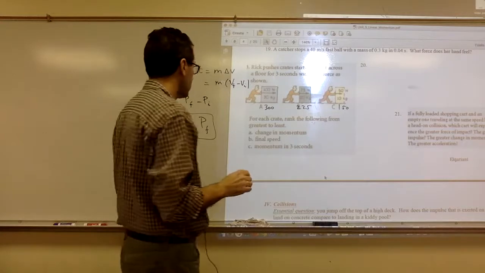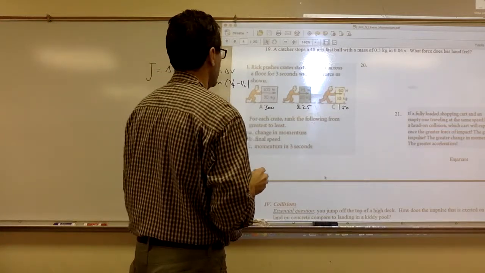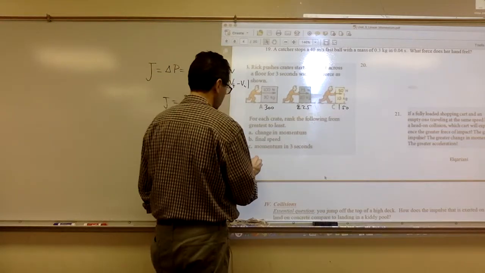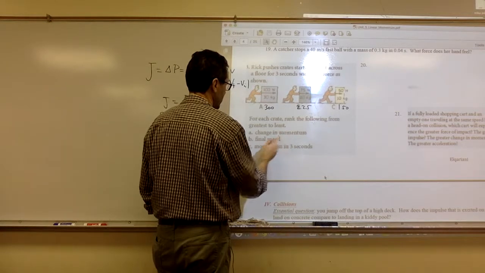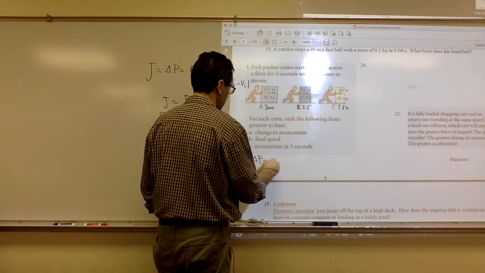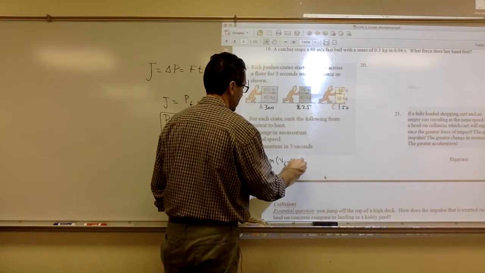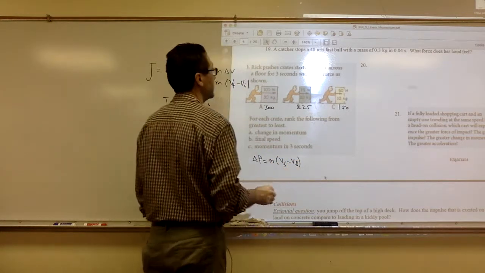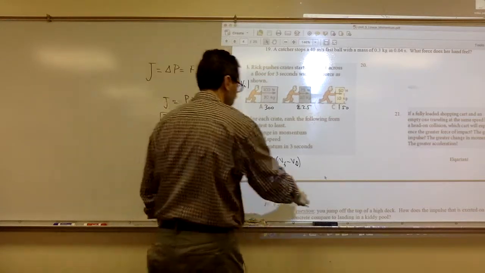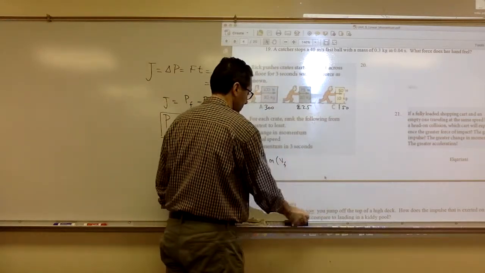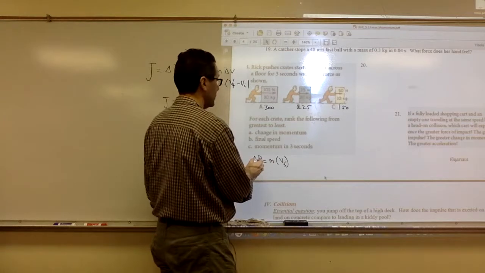For the final velocity, the impulse or the change in momentum is m times Vf minus Vi. They all start from rest, so I'm going to drop the initial velocity.